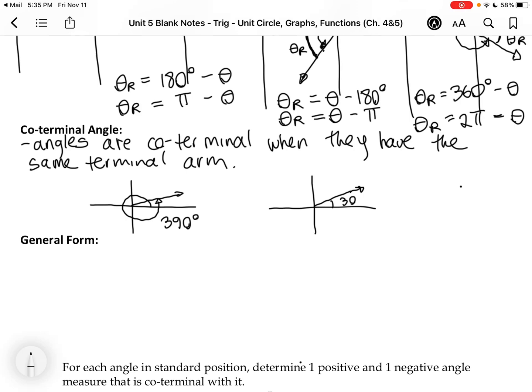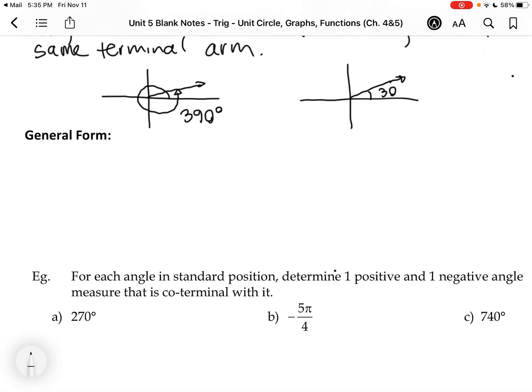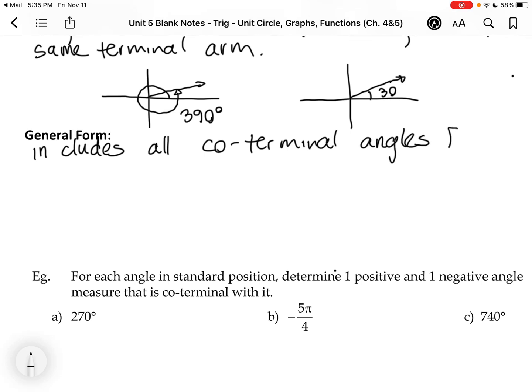And on that note, for any angle in standard position, we can write the angle in general form. The general form includes all coterminal angles for a specific principal angle.